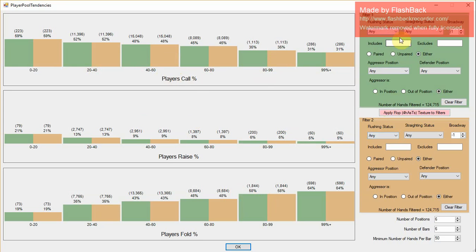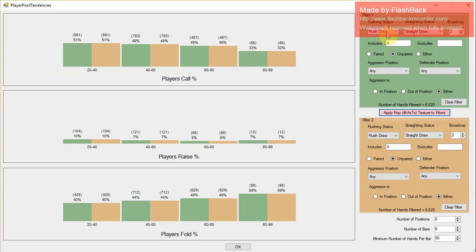And you can do that without applying a filter, just to generic hands, or in this case what we're going to do is apply this flop texture, the 4 of hearts, ace of spades, 10 of spades. We apply that texture and you can see it now sets both filters to flush draw, straight draw, and ace high with 2 Broadway cards, and flops of that texture when you bet around about half pot, which is what we did bet. We bet 3 big blinds into a pot of 6.5.